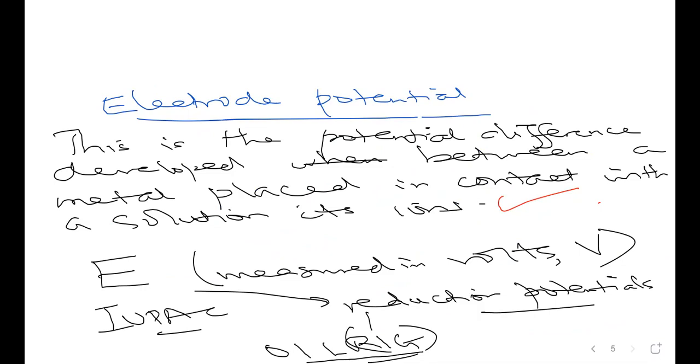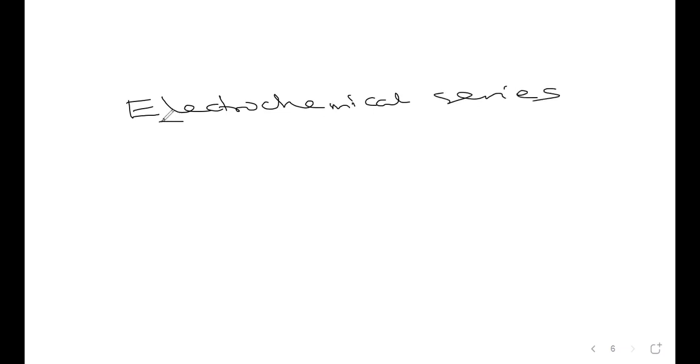All right. Now let me introduce you to what we call the electrochemical series. This is not a new term to you. We looked at it in O level. You are aware this is an arrangement of elements in increasing order of electrode potential.